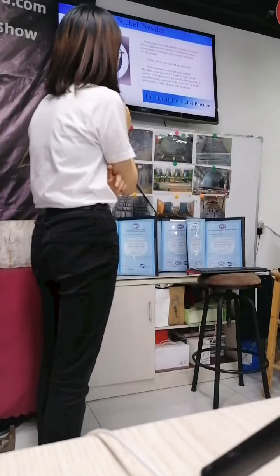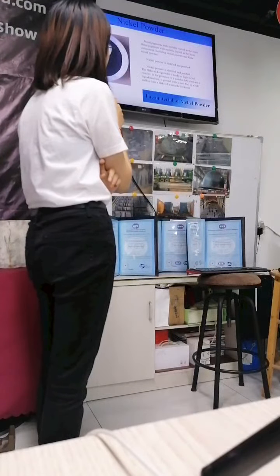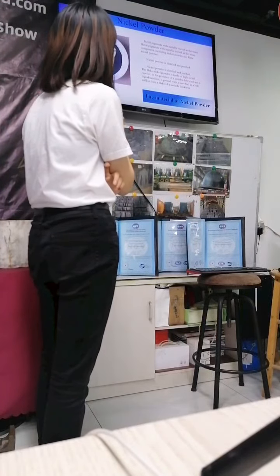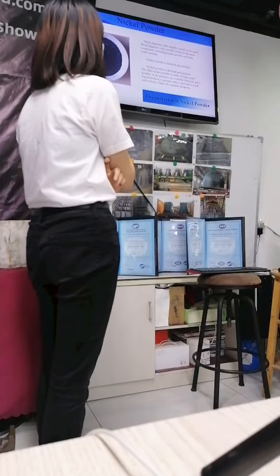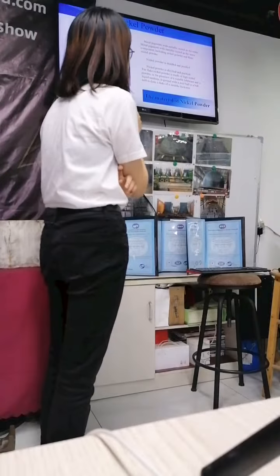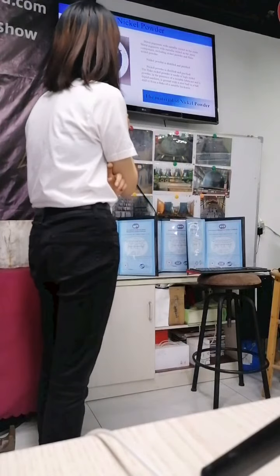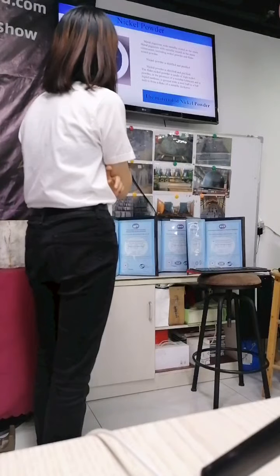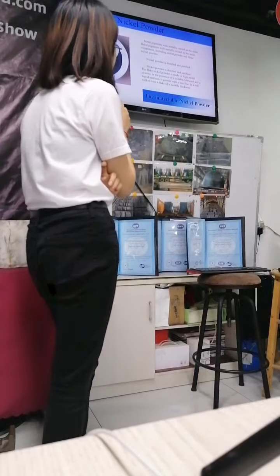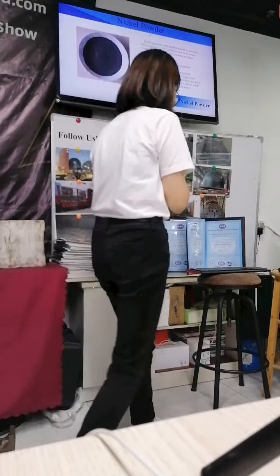Nickel powder is distilled and purified. The flake nickel powder is made of high nickel powder. In the process, with a suitable lubricant and a liquid medium, it is ground with steel balls in the ball mill to form flakes of suitable thickness.